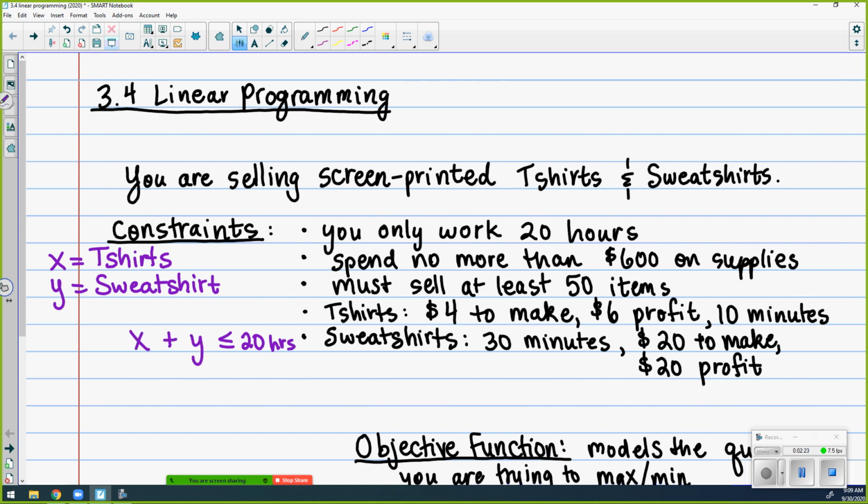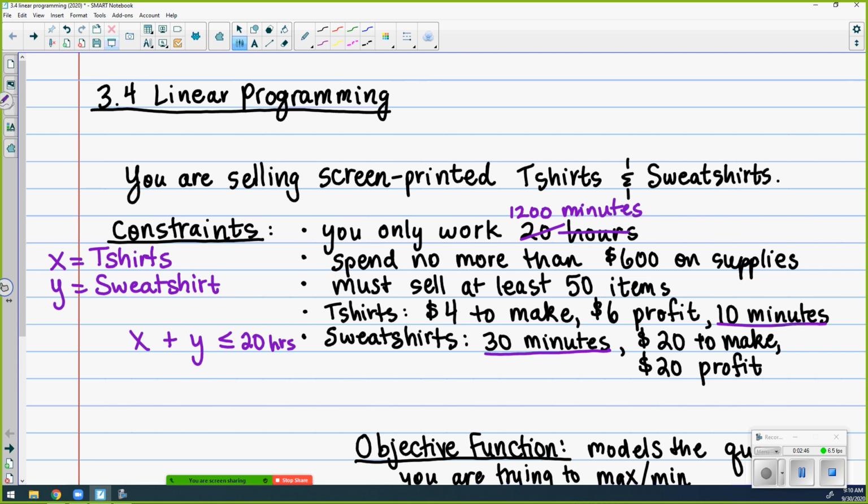Now I happen to know something else about the time that it takes to do t-shirts and sweatshirts, and that is that t-shirts take 10 minutes and sweatshirts take 30 minutes. Now, I'm going to convert this 20 hours into minutes. 20 times 60 is going to be 1,200. So we're going to call this 1,200 minutes.